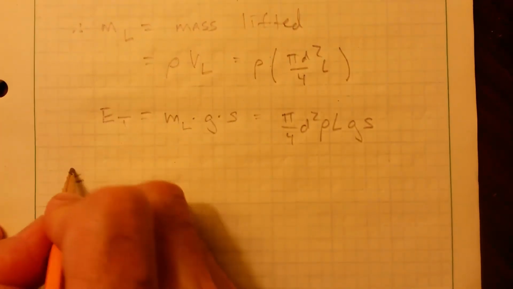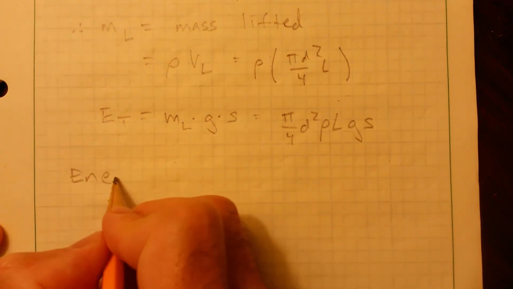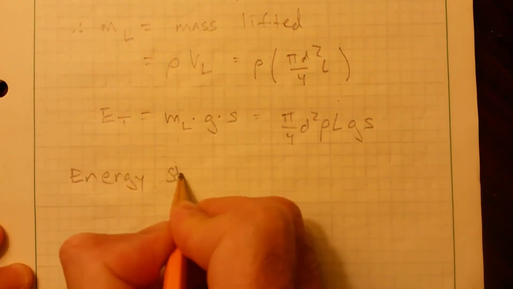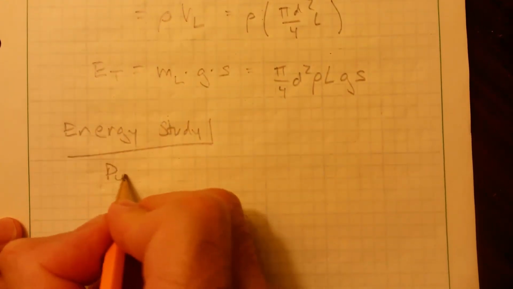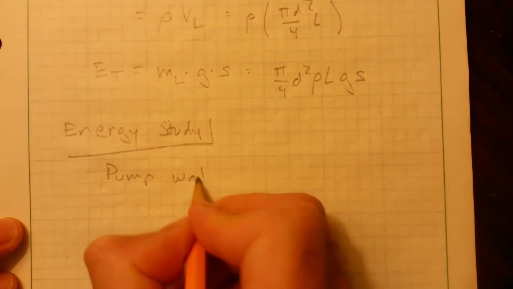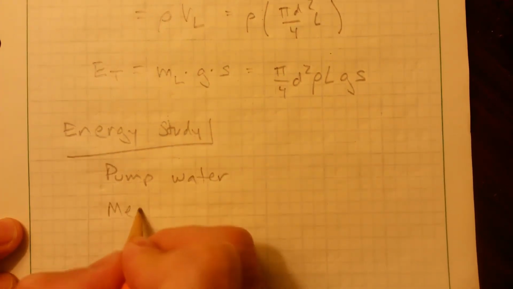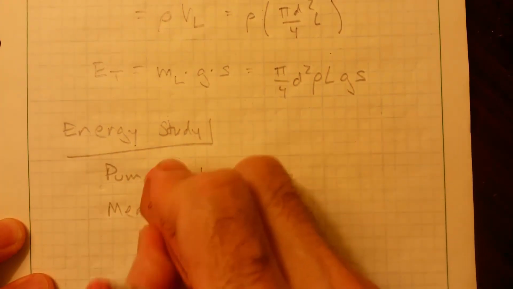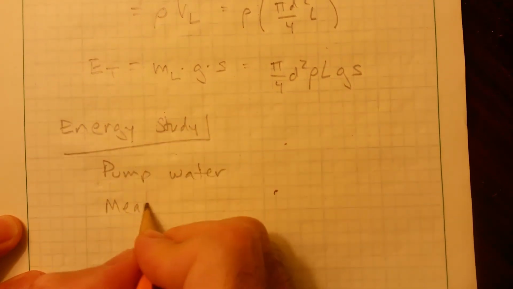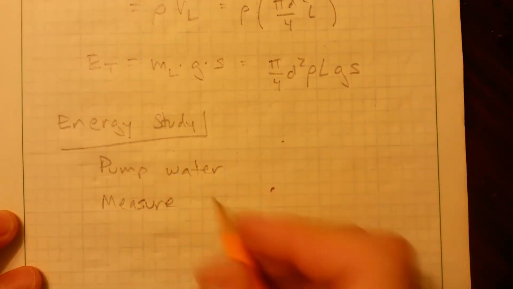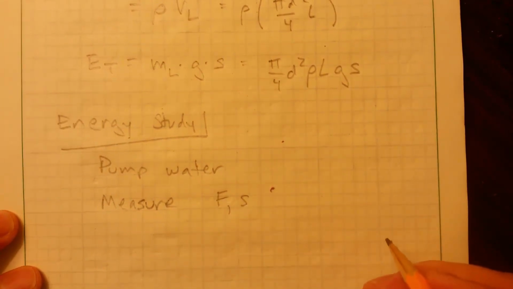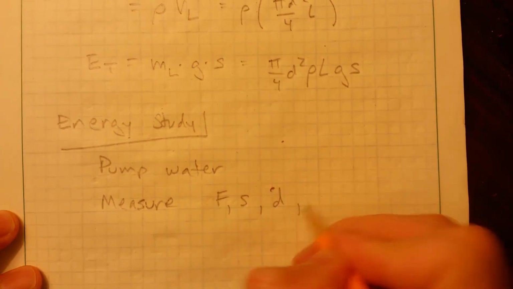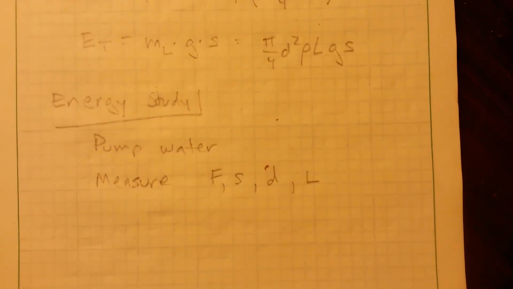So if I was in a lab situation and I was asked to do some sort of energy study on a bucket pump, I would pump some water, and while I was doing that, I would measure the force required to operate the pump, the distance that the piston rod moves, the diameter of the pump, and the height of the water column above the surface of the water.